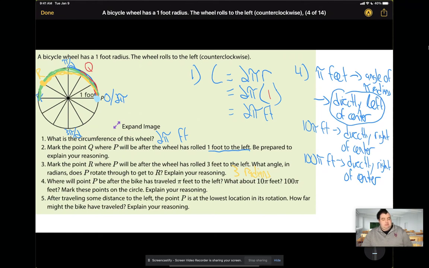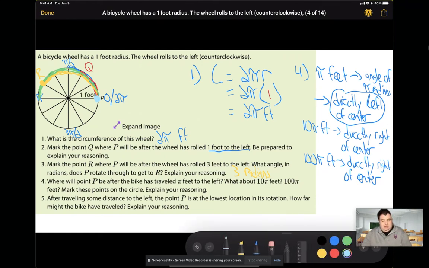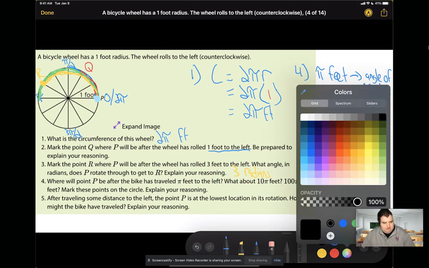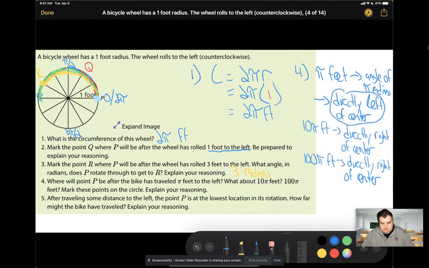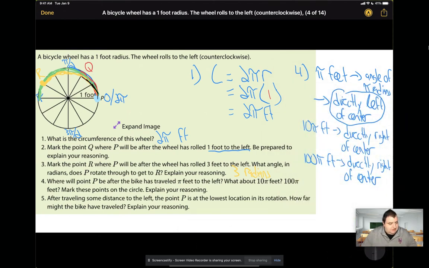After traveling some distance to the left, the point P is at the lowest in its rotation. So the lowest in its rotation would be, once again, a different color, I'll just use black this time. The lowest point in the angle of rotation would be down here.